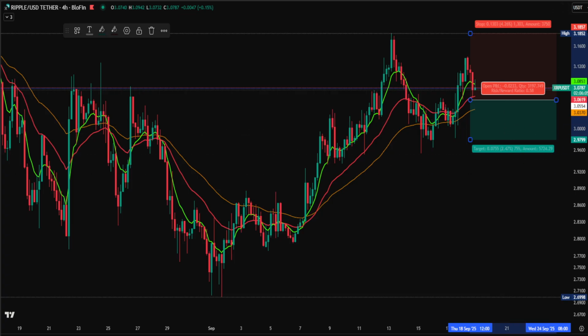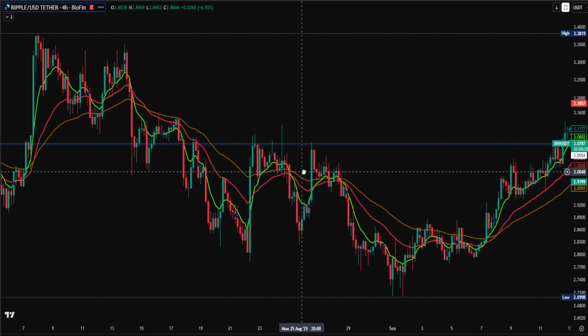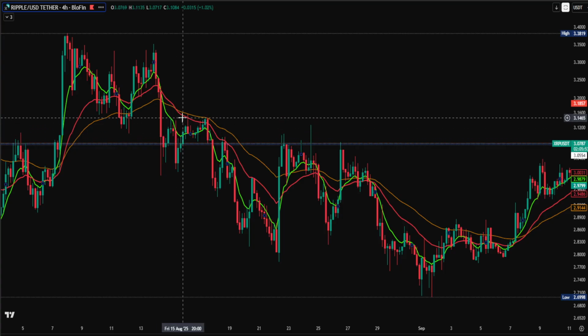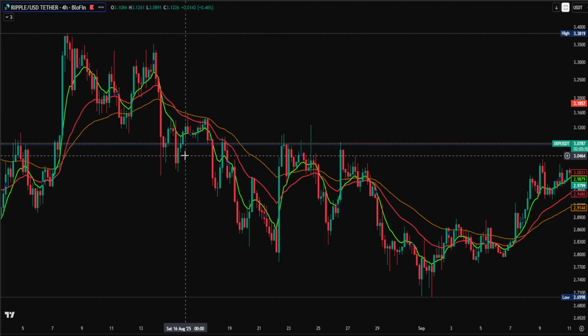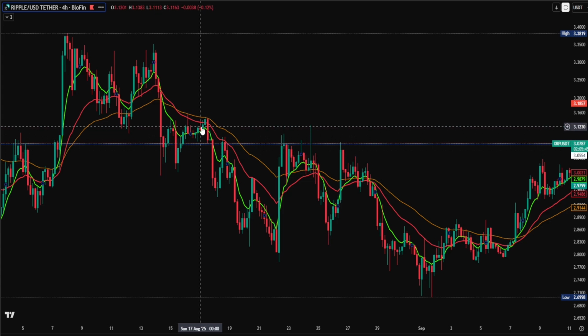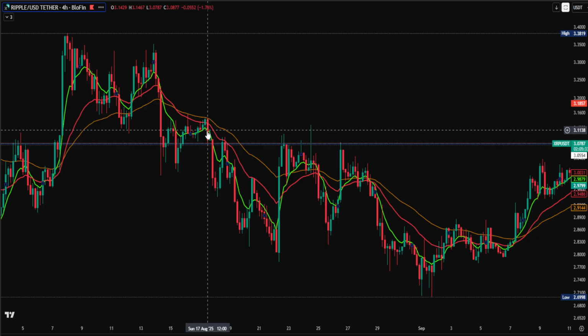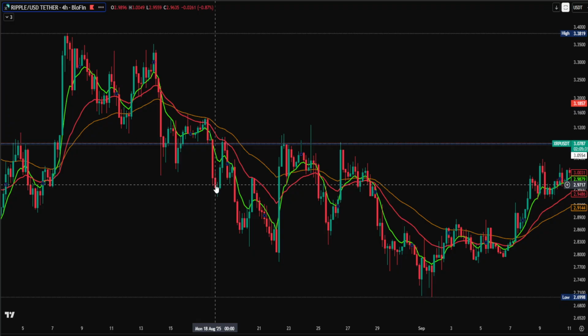Now, the bearish setup. You want to have this right here: green below the red. Trend is down. We're waiting for a rally, for price to come up above our red line, and then we enter a short from the red and take a profit.